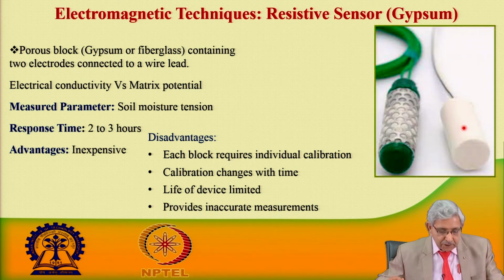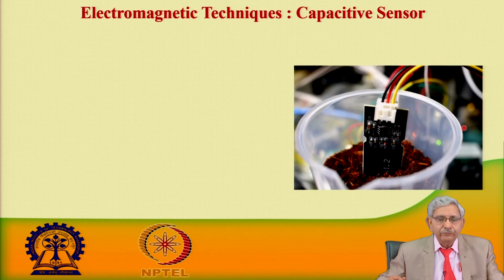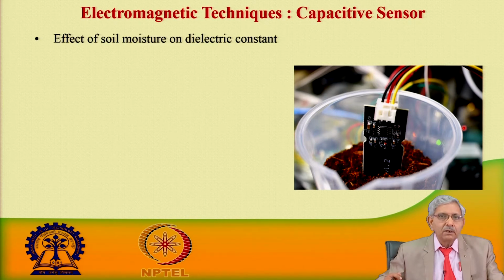Such devices are kept in the field for a longer period. For the entire crop region it can be kept, and then observations are taken, and those observations are interpreted as the available moisture content, and these units can also be attached with the automated irrigation system.